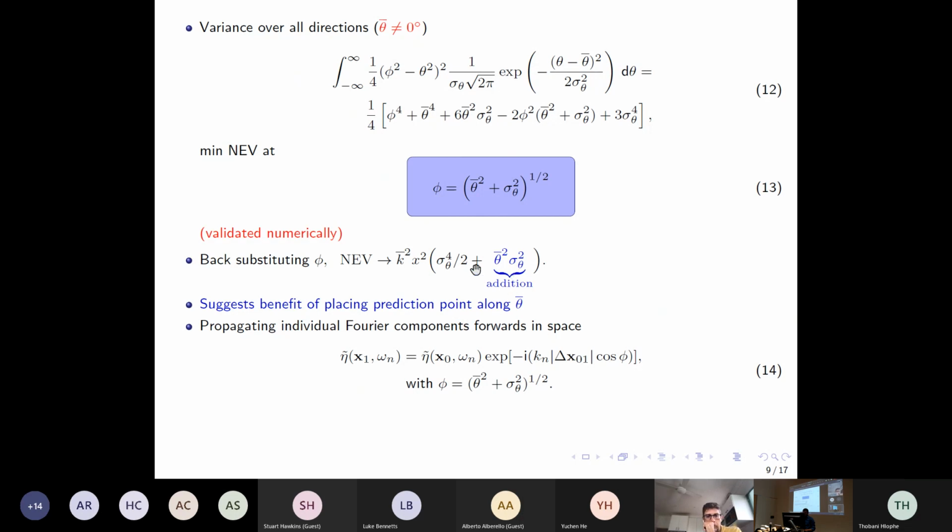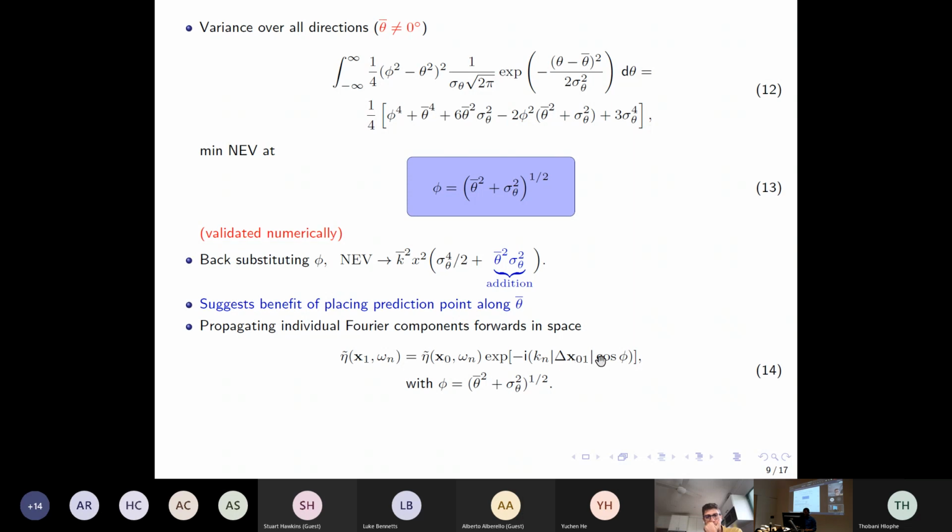This is the additional term; what we saw before was these ones in black, and now we have this term. So this tells us that we get more prediction error when we place the prediction point away from the mean wave direction.